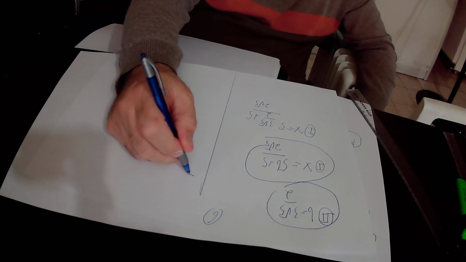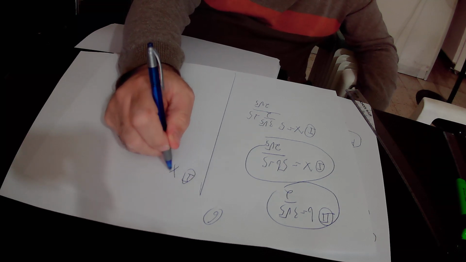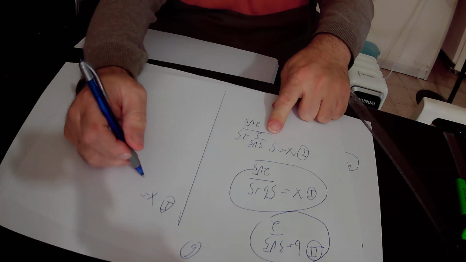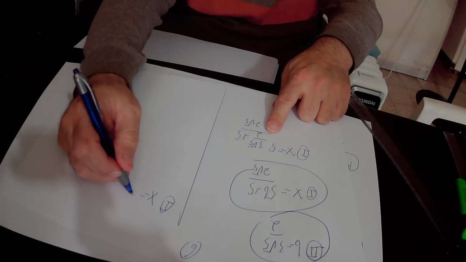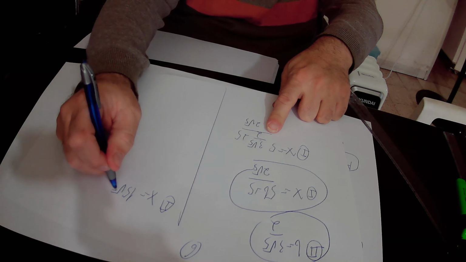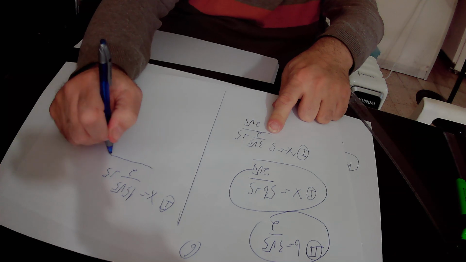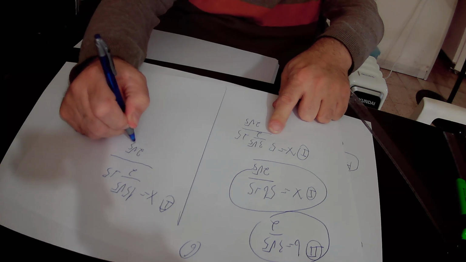So according to equation number 1, x equals 5 times 3, which is 15. So in total, this expression equals 15 times square root of 5 over 2 plus 5, all divided by 2 times square root of 5.